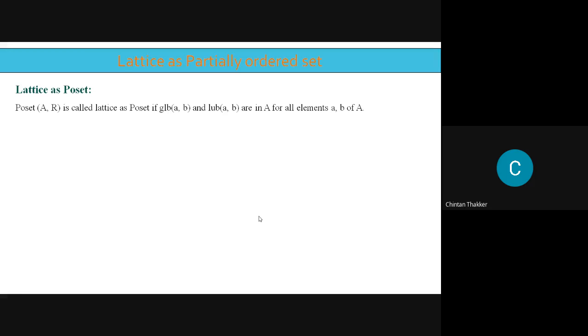If any one element is not in A, then it is not a lattice.